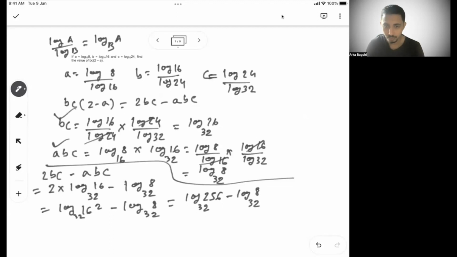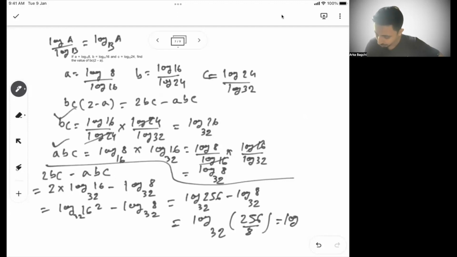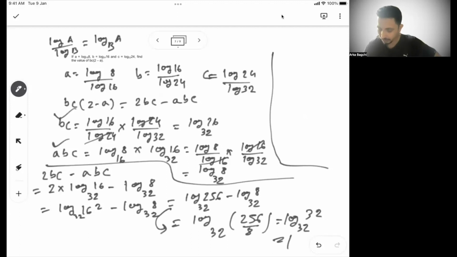So if we narrow down further, we'll see log of 32 base 32, and in between we will have 256 by 8, or we can say log of 32 base 32, or 1. So basically what we have used here, from this step to this step, how did we get it?